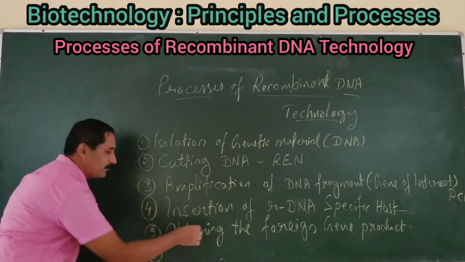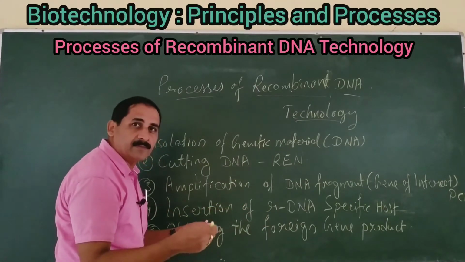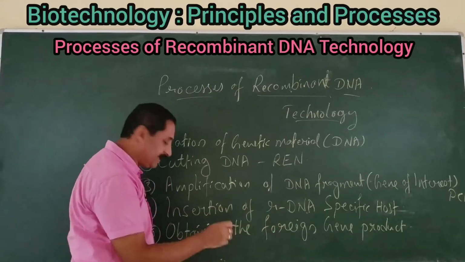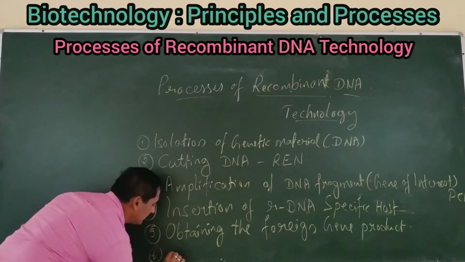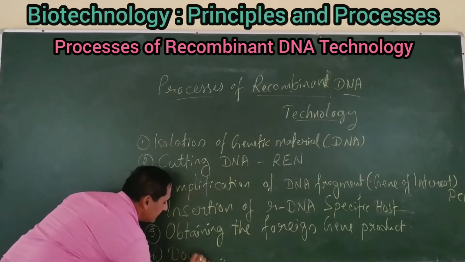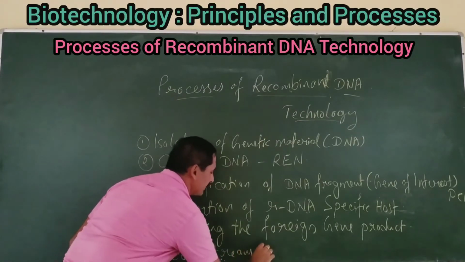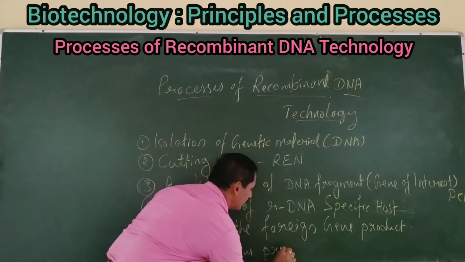After the production of the foreign gene product, we have to extract and purify it by using a technique called downstream processing, an industrial process.